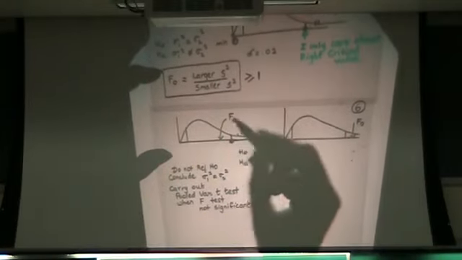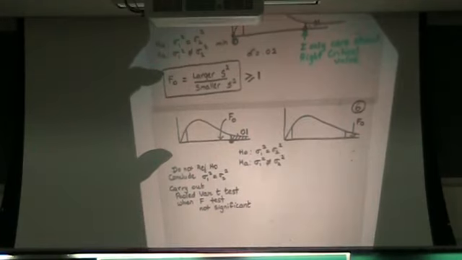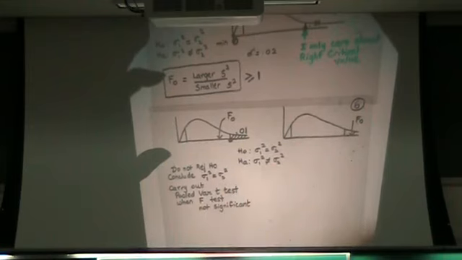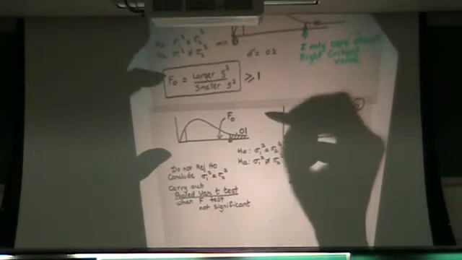So clearly my F test was not significant. I was not in the rejection region, and that's telling me to conclude that sigma 1 squared is equal to sigma 2 squared because I don't have enough evidence that they're different. So I'm going to carry out a pooled variance t-test in this scenario.